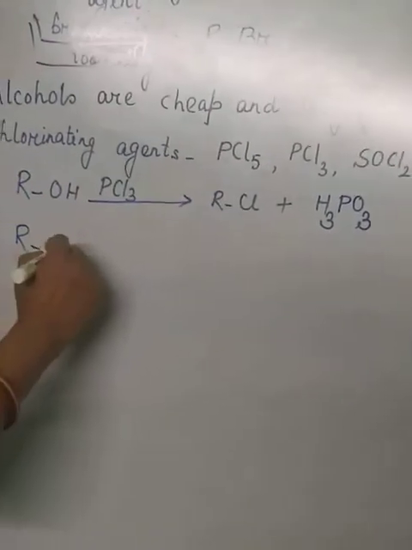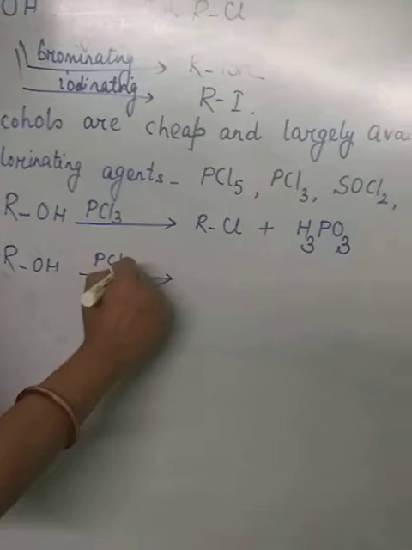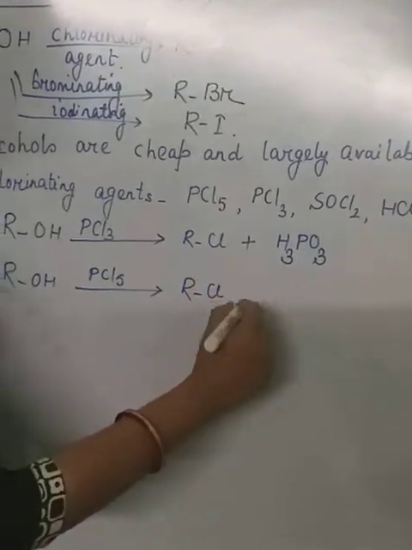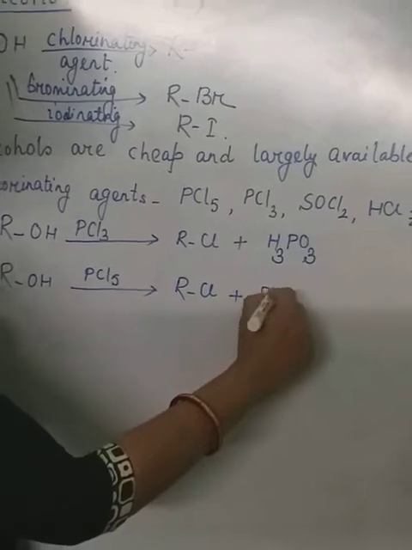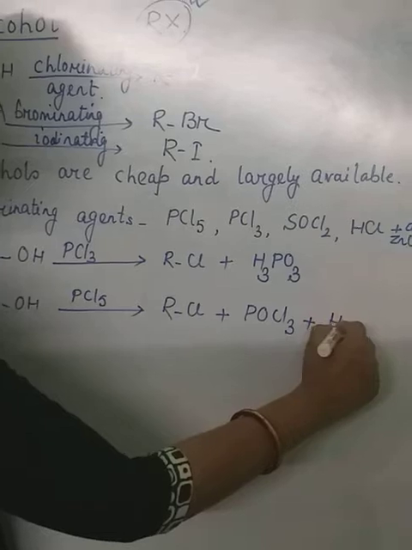When we take PCl5 as another reagent, the main product is definitely RCl. Along with this, we are getting POCl3 and HCl.